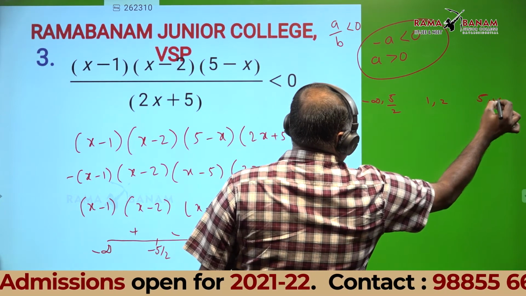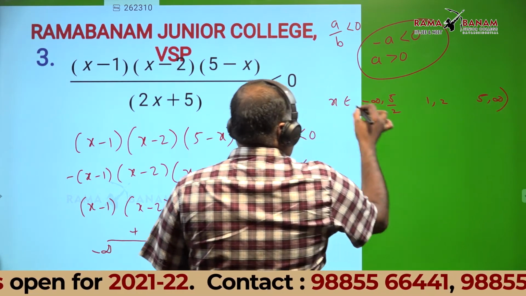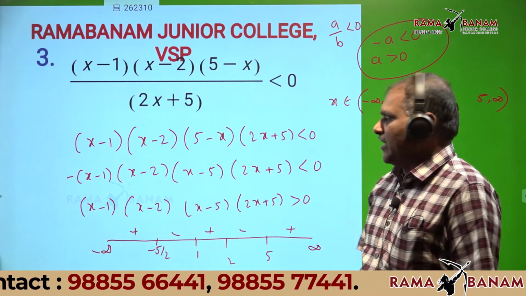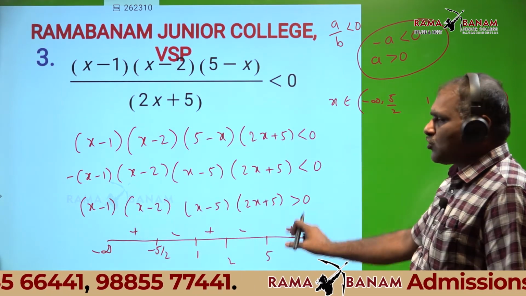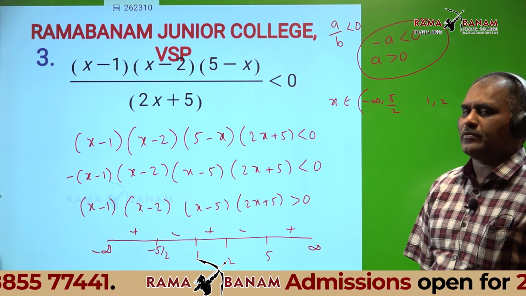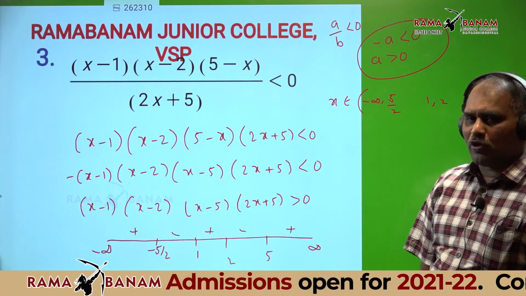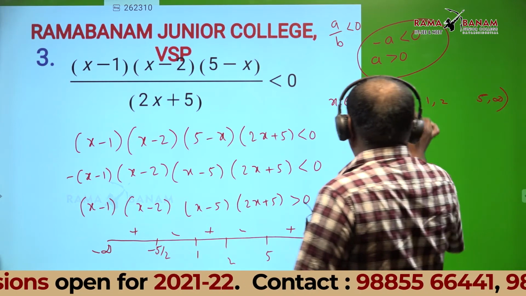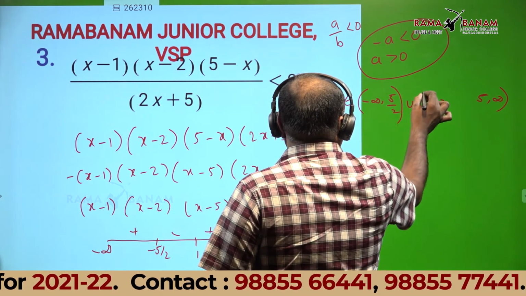Infinity is always open, but in that question, is greater than or equal to there or not? No, sir, equal to is not there. Very good. Therefore, they are always open brackets.